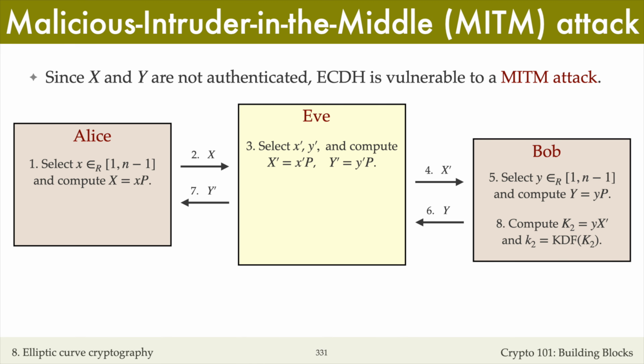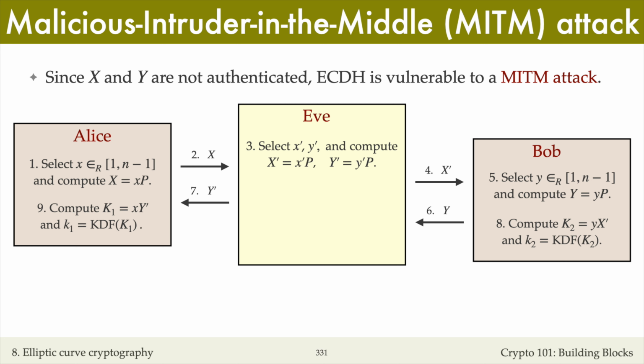Bob now computes y times X primed to get the point capital K2, and then computes the secret key little k2 by applying the key derivation function to capital K2. Similarly, Alice computes the point capital K1 by multiplying little x and Y primed, and computes little k1 by applying the KDF to the point capital K1.